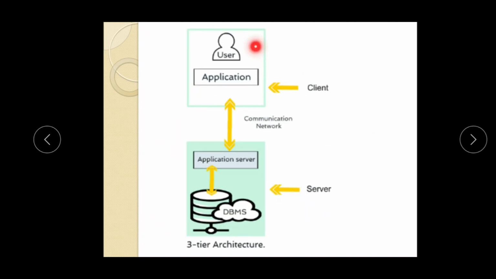So the database request from the client reaches this application server, which accepts and processes it, because it has to convert it to a format understandable to the DBMS. The converted query is then given to the DBMS.